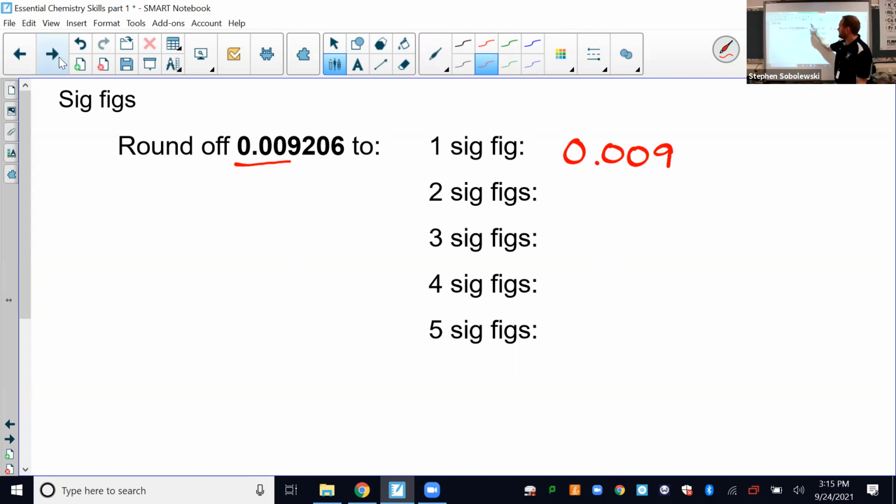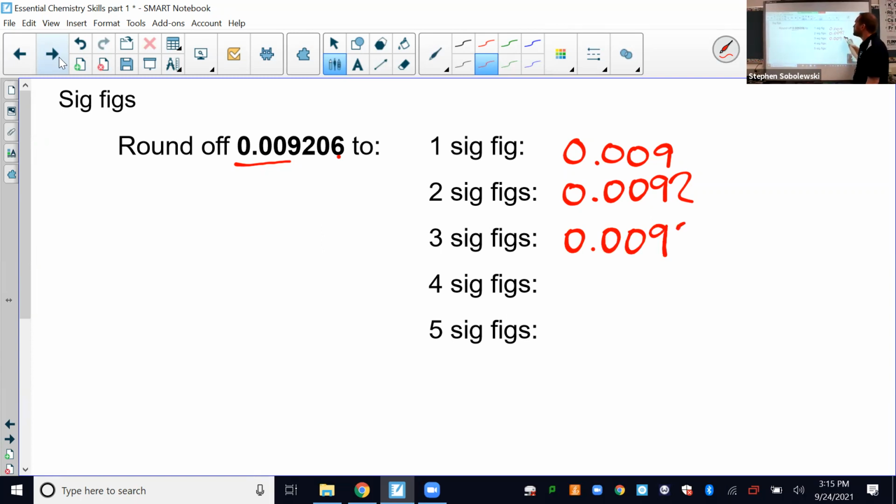2 sig figs. So we have 9206. So the 92 is going to stay as 92 because there's a 0 after it. 0.0092. 3 sig figs. The 6 will make the 0 go up. 0.00921. 4 sig figs. Well, my number originally had 4 sig figs. 0.009206. 5 sig figs, well, here's the problem.